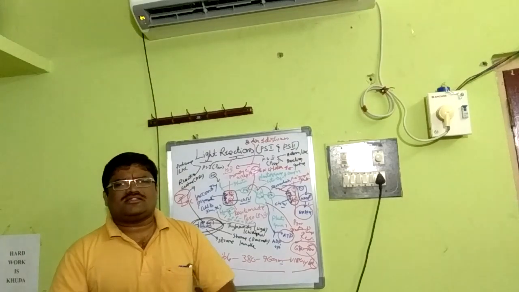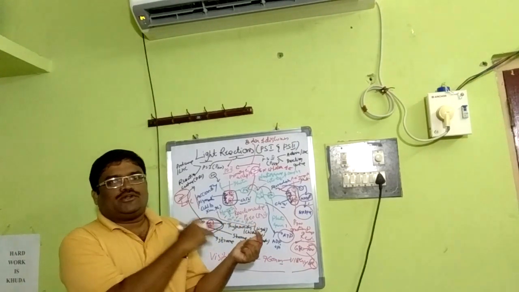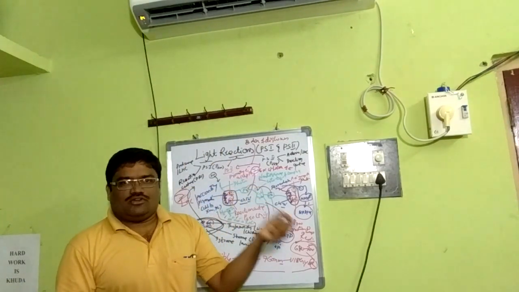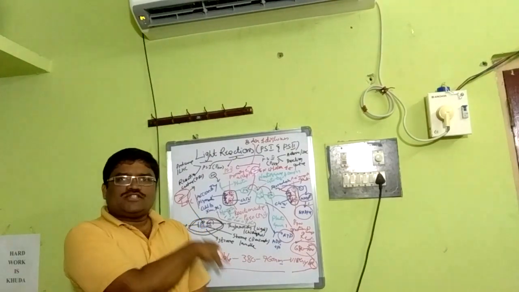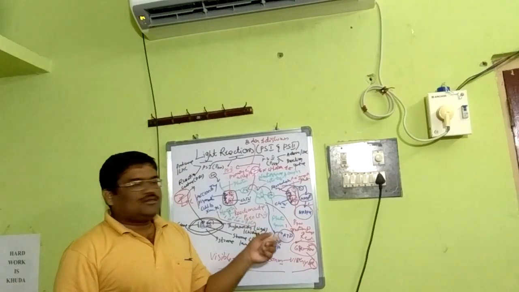That's the distinction. The concept is the same. That is why in chloroplast it is called photophosphorylation, while in mitochondria it is called oxidative phosphorylation, that means phosphorylation driven by oxidation. Phosphorylation in the presence of light is called photophosphorylation. The concept is the same.